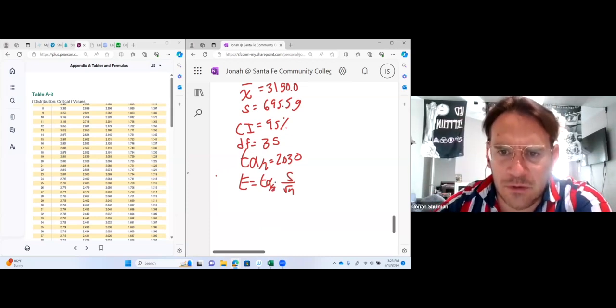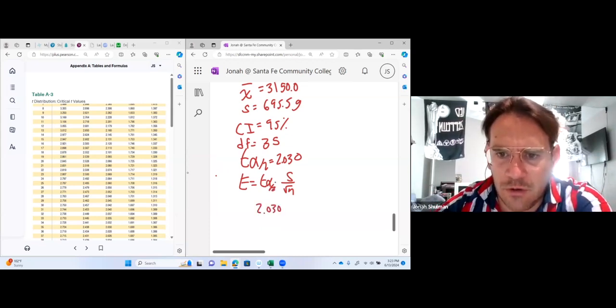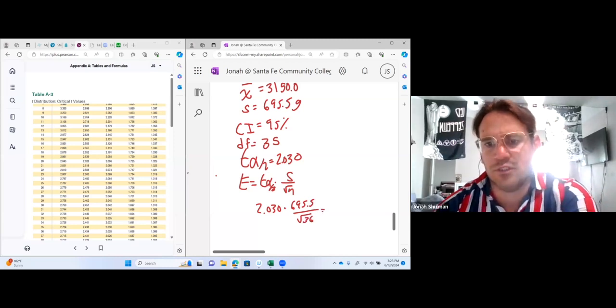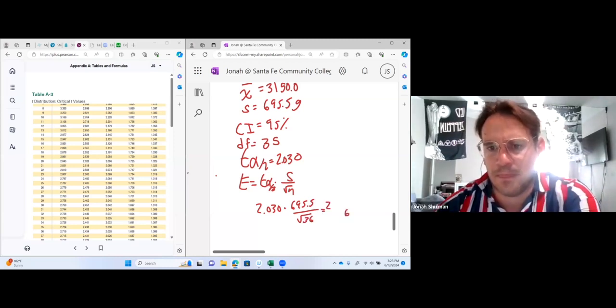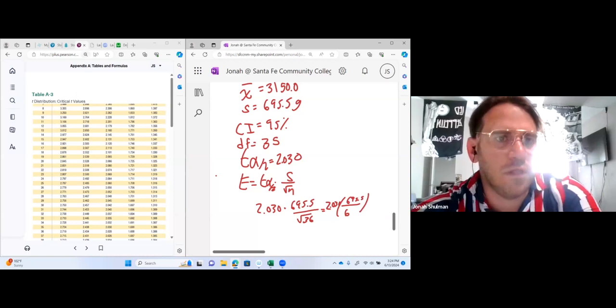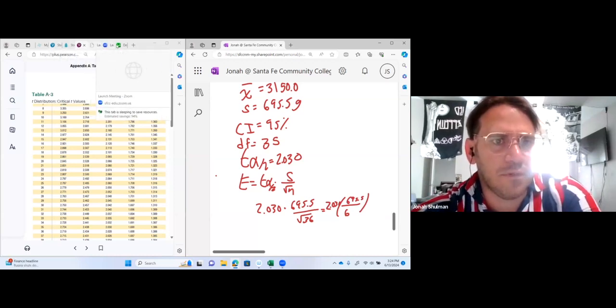So we know this is 2.030 times our s, which is 695.5, over the square root of 36, which we know is just 6. All right, cool. Let's make it happen.